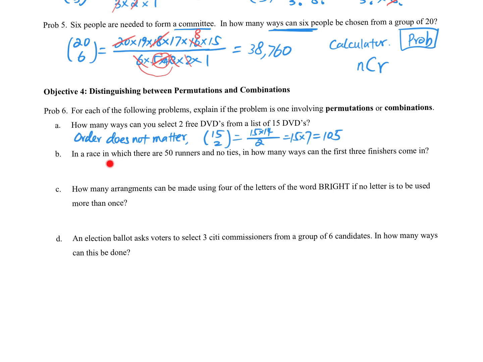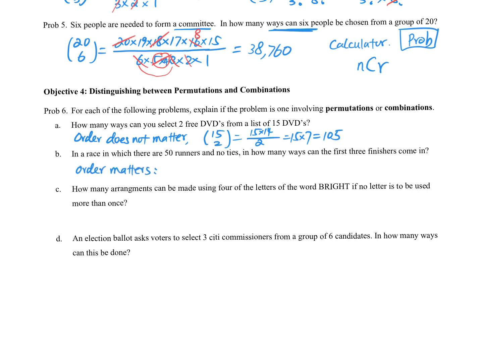In a race in which there are 50 runners and no ties, how many ways can the first 3 finishers come in? Now this one, no ties, therefore for the first 3 to come in, the order does matter. So here order matters.